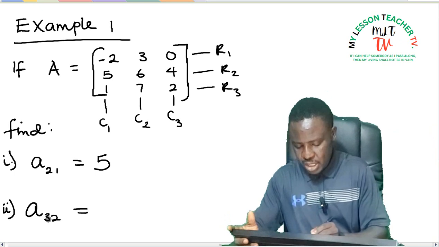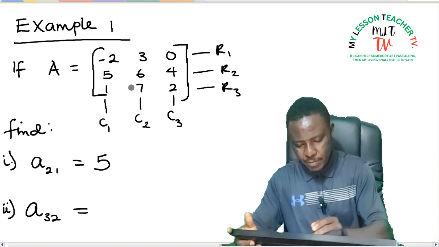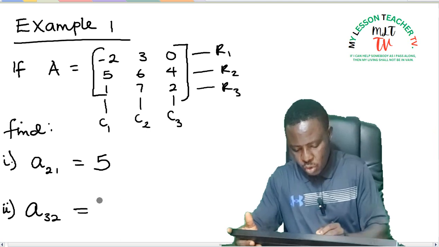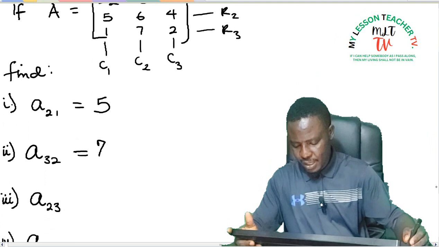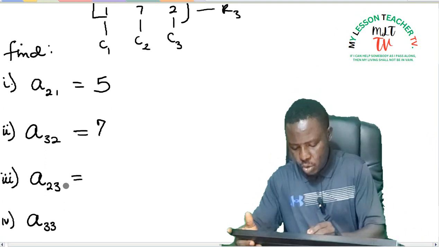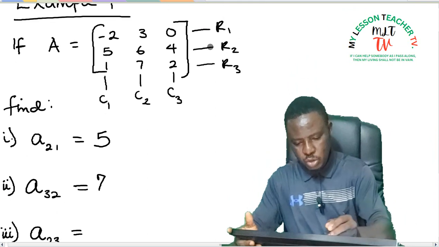Number 2, we said a32. a32 means the element you can find at position row 3, column 2. So this is row 3, and column 2 is here. So our answer is 7. Number 3, a23: row 2, column 3. If you go to row 2, column 3 is this.